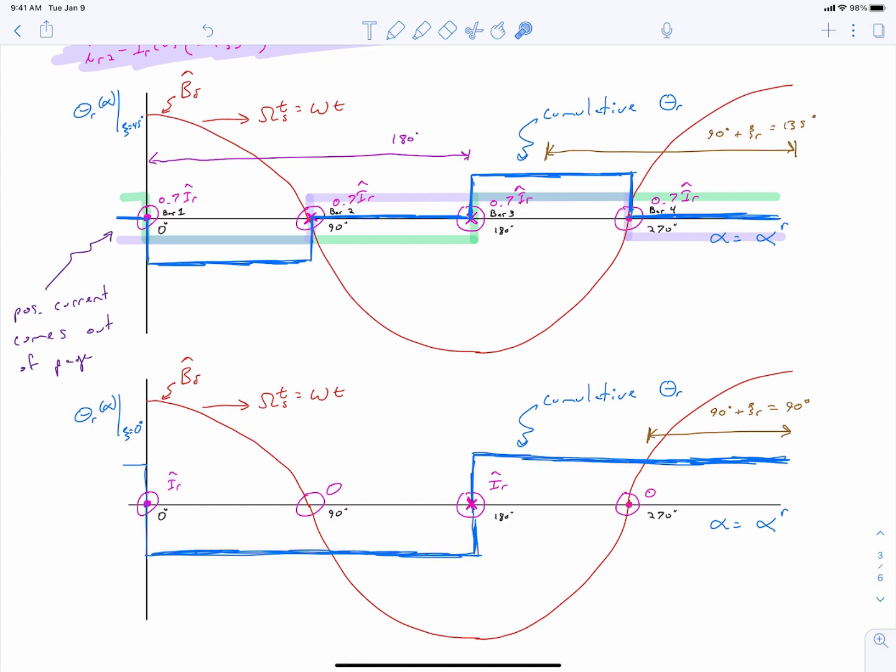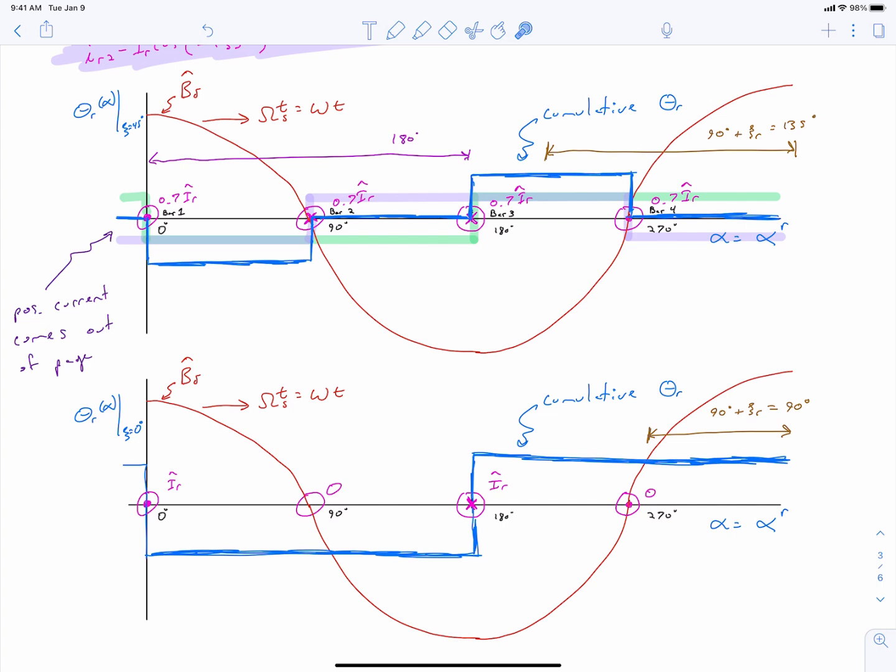And that's because we are using a 4-slot rotor, and so there's a lot of rich harmonic content in a 4-slot winding. Again, we're noticing that the peak of our rotor current linkage lags the peak of our air gap field by 90 degrees plus zeta r, but zeta r is this time 0, so it just lags it by a total of 90 degrees.